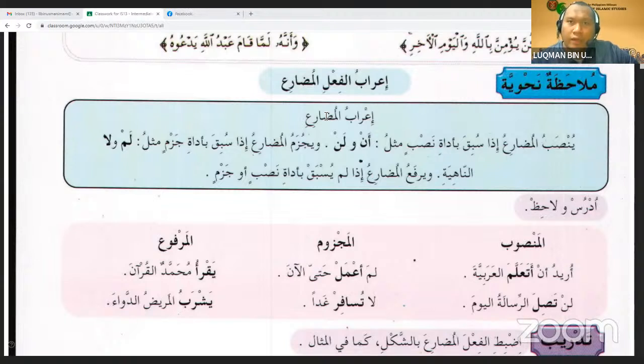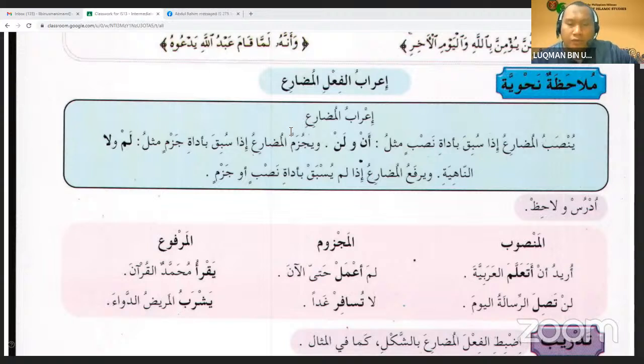So when an imperfect tense of the verb ends with a fatha, it's in accusative case or mansub. Usually this happens when a particle has preceded the fi'al mudari'. Examples of these particles are an and lan.